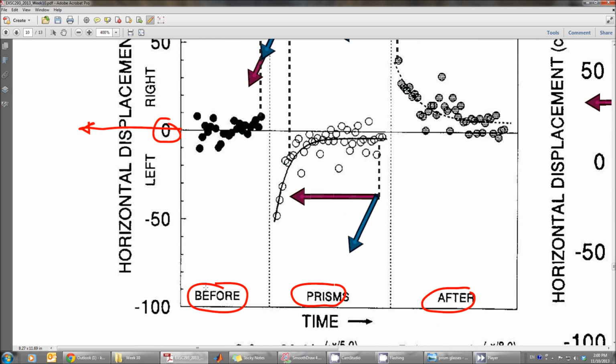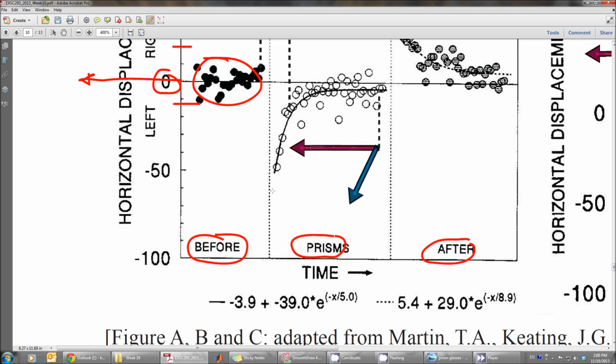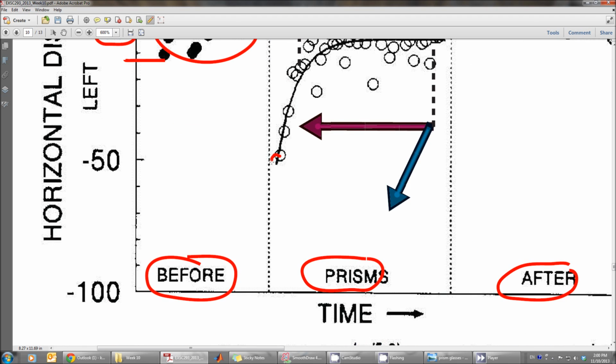With a few trials, even without wearing prism glasses, they're fairly accurate in hitting the bullseye. Once they wear the prism glasses, on the first trial, it deviates from the target by -50 to the left.